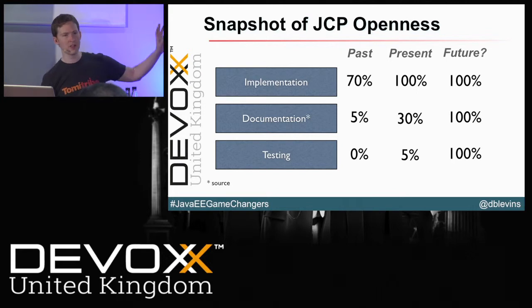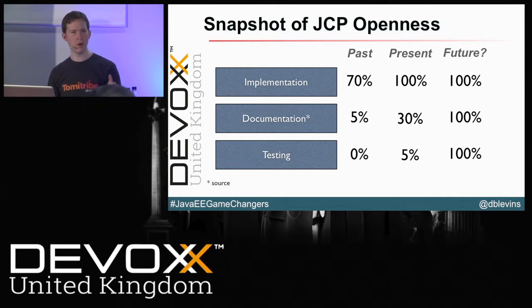So I like to summarize with this. Basically, in the past, 70% of the implementations were open, but of the documentation maybe 5% was open, and 0% of the TCKs were open. Currently, we have maybe 5% of the TCKs open, CDI and bean validation, but we really need a lot more.